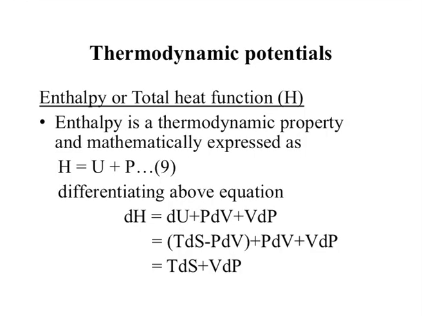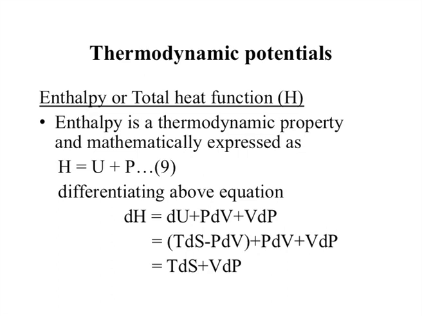Next, the third thermodynamic potential we have is the enthalpy, or total heat function, H. The enthalpy is a thermodynamic property, and it can be written mathematically as H is equal to U plus PV. Now, differentiating this equation, we get dH is equal to dU plus PdV plus VdP.